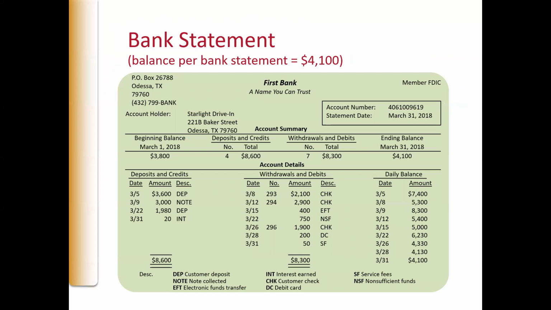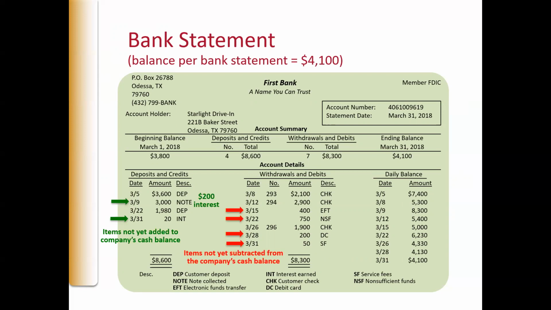So you see here in the bank statement, you see a deposit of $3,000 on March 9th, and that had $200 of interest. You also see interest from the bank of $20.